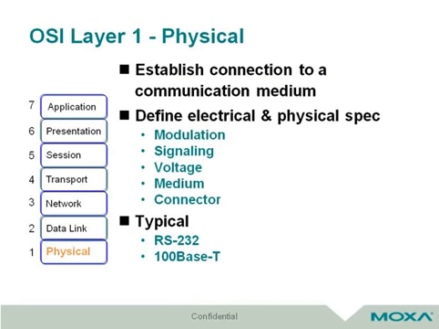Layer 1 is physical layer. As its name, Layer 1 defines the electrical and the physical specifications, how the hardware establishes connection to a communication medium. For example, the RS-232 is a serial interface and the 100 base T is an Ethernet interface.